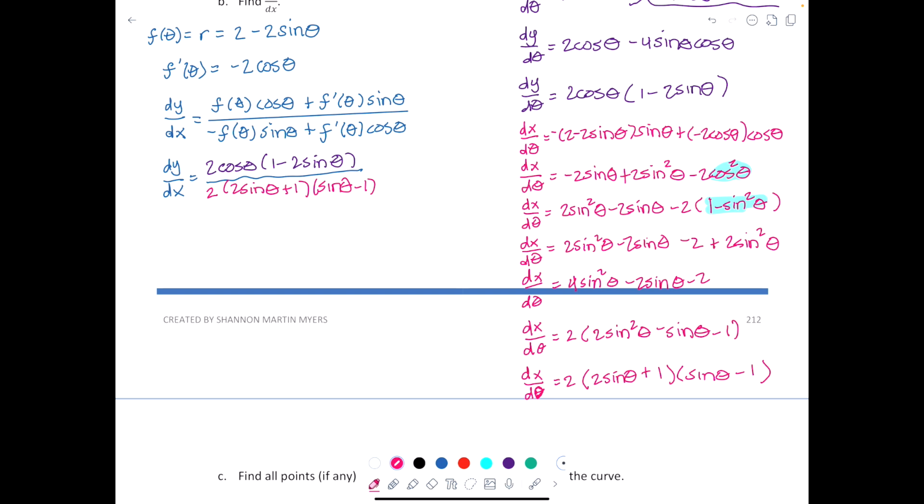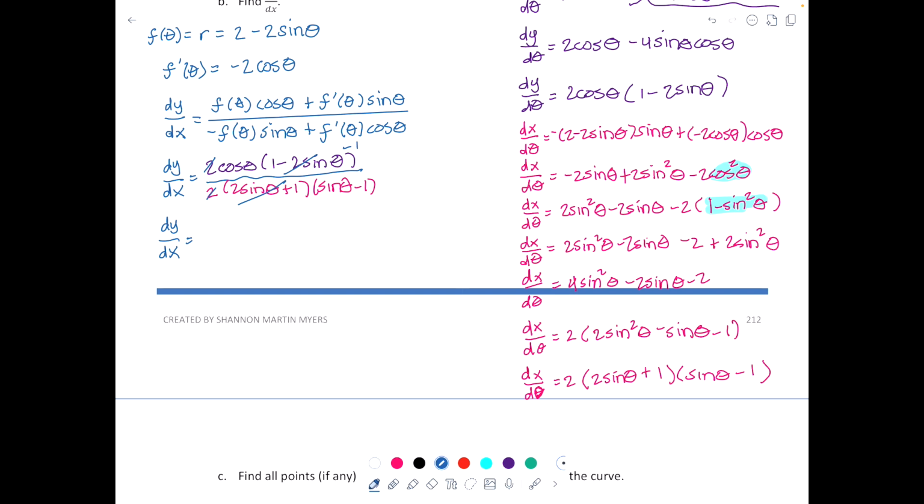And I can divide out that 2, and so dy dx, and let's see, I can factor out something else. 1 minus 2 sine theta and 2 sine theta plus 1 divide out to be negative 1.